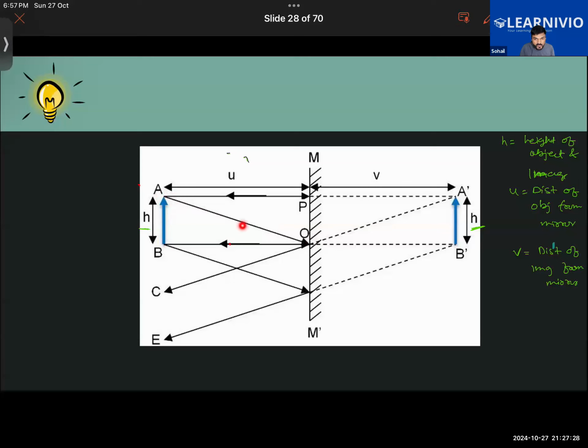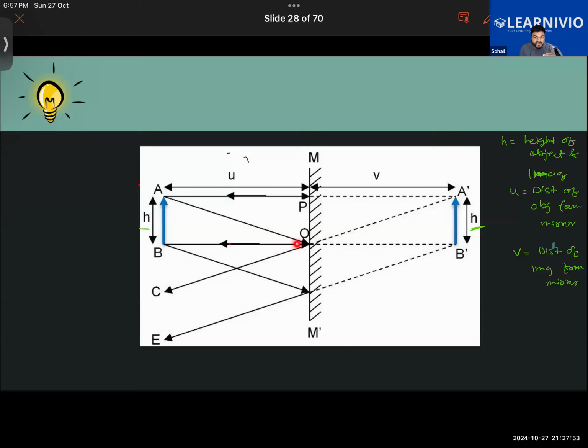It is falling on the plane mirror like this and it got reflected back like this. Then you have the ray BO, which is falling at an angle of 90 degree, so it bounced back at the same angle.